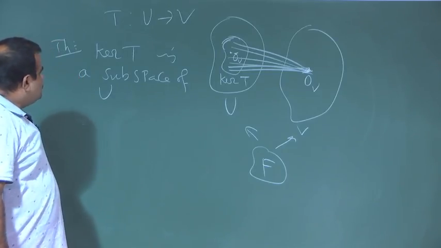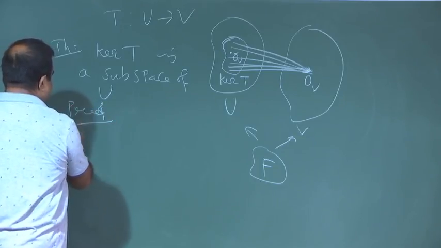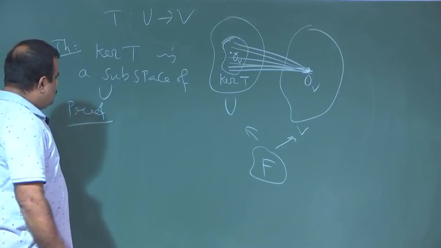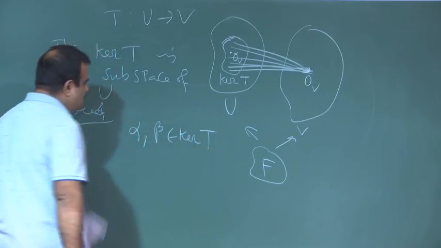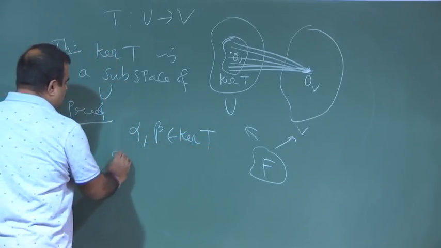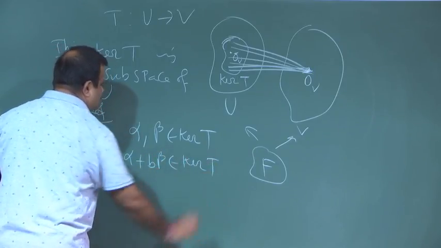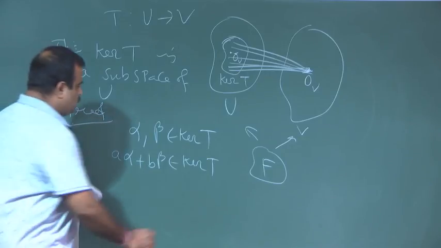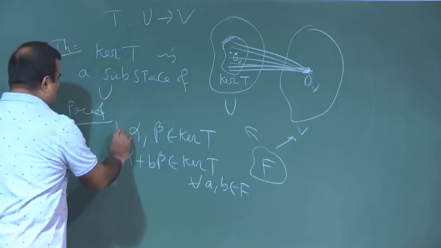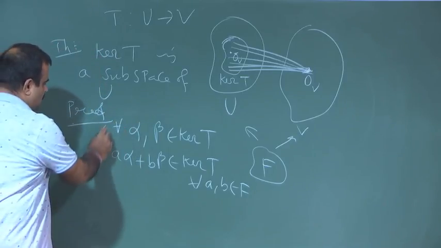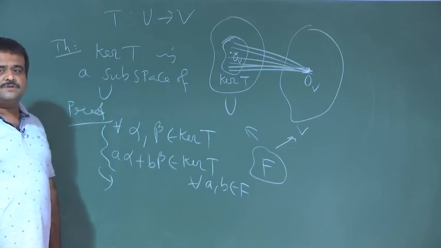For proving a subspace, we know that we have to take two elements alpha, beta from that subset, and if we can show that a alpha plus b beta belongs to that subset, and if this is true for all a, b and for all alpha, beta, then we have proved a theorem from which we can say this is a subspace of U.